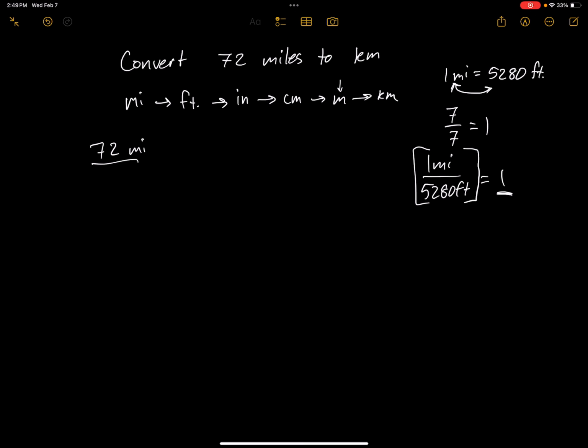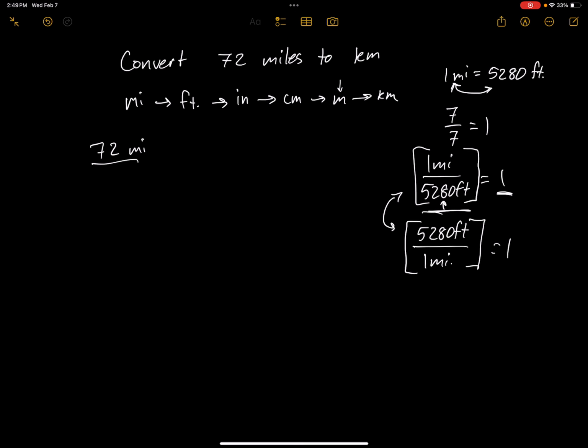So these are translators. The way you pick a translator is this: this is true, but because these two things are equal, this is also true. This also equals 1, so I could use either one of these.